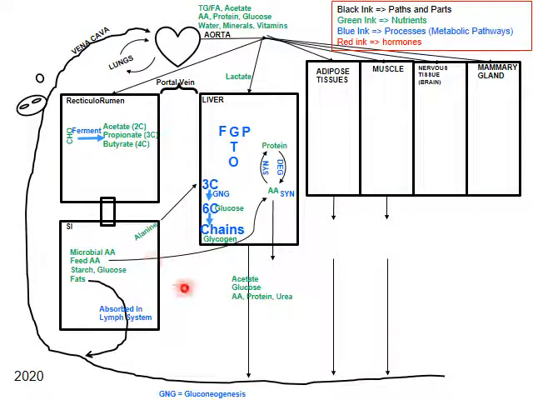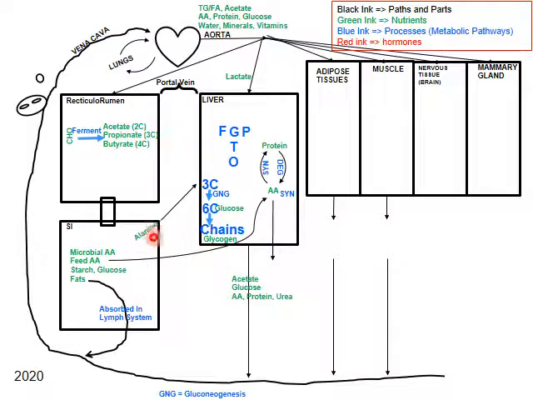If we focus on our amino acid pool, so we have from the gut, we have amino acids from the microbes or amino acids from the feed. The proteins are broken down to amino acids. They are absorbed and they go into the amino acid pool. They can either be used to synthesize protein, they can pass out of the liver on to help protein synthesis in other parts of the body.